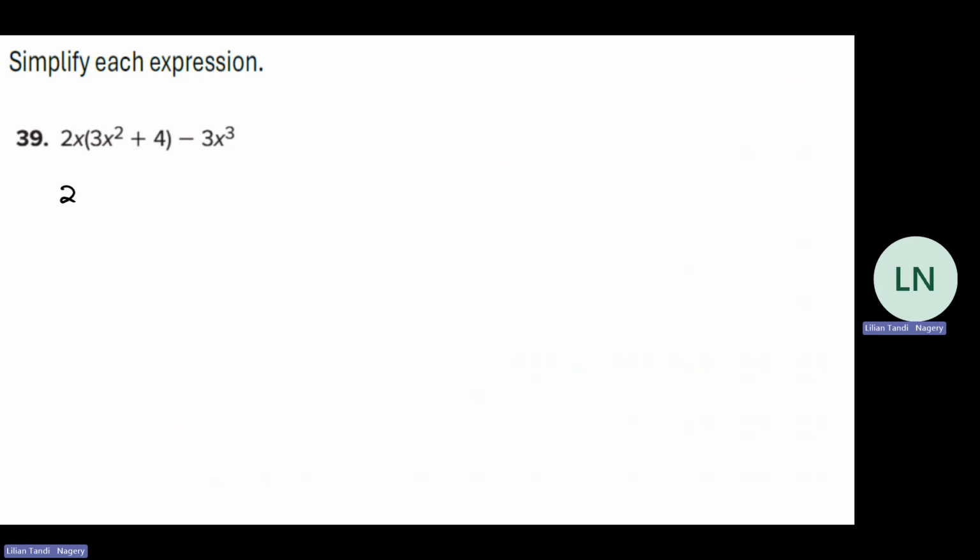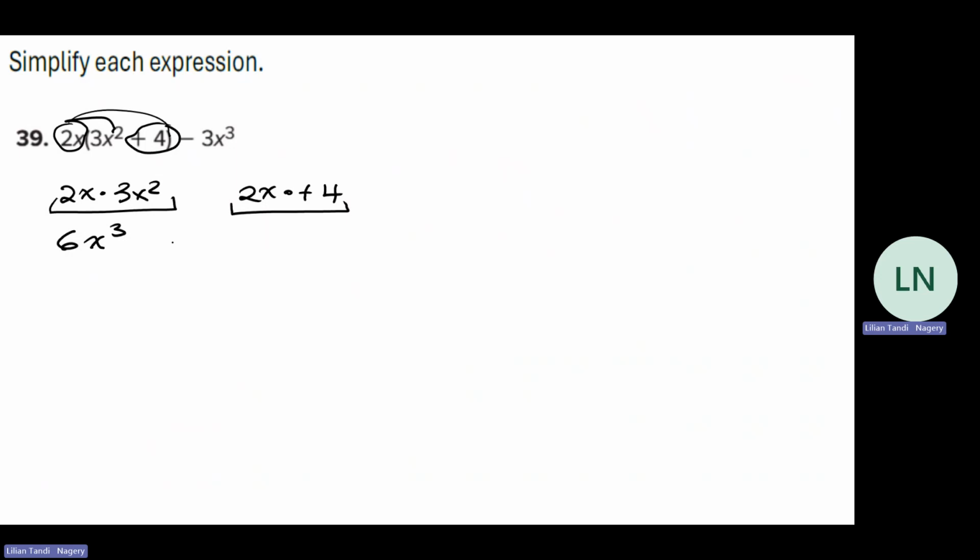Okay, so we have 2x multiply 3x squared. And you have 2x multiply positive 4. This will be 6x cubed. This will be positive 8x, and then minus 3x cubed.